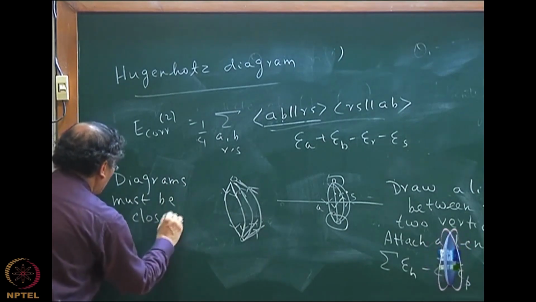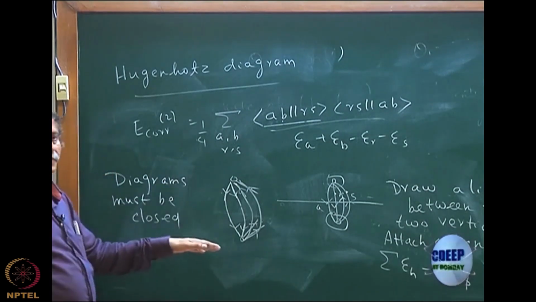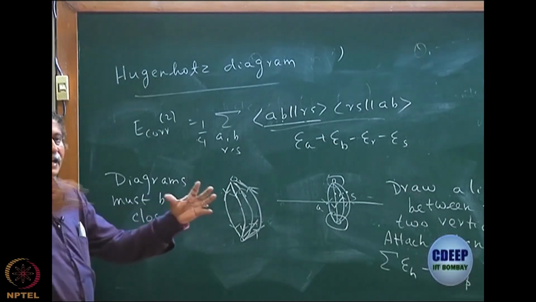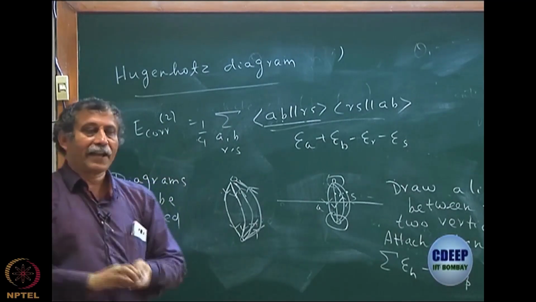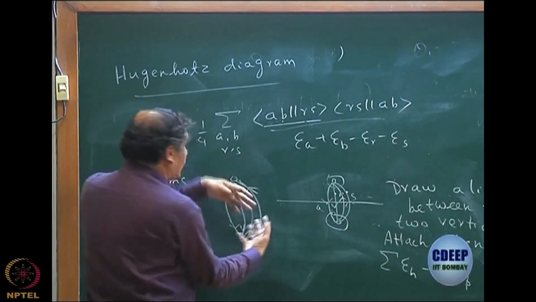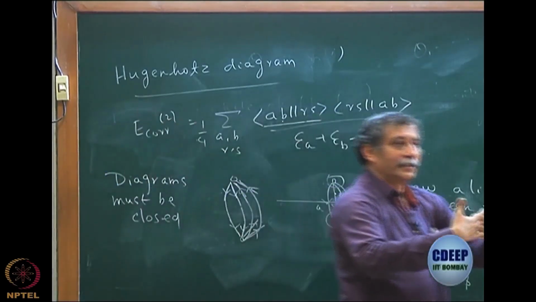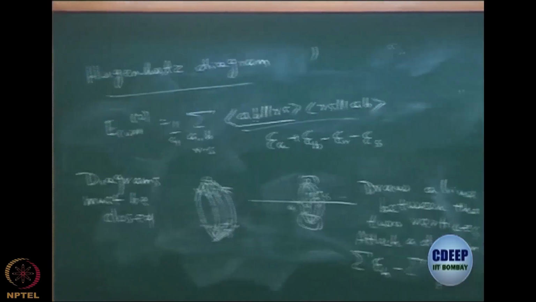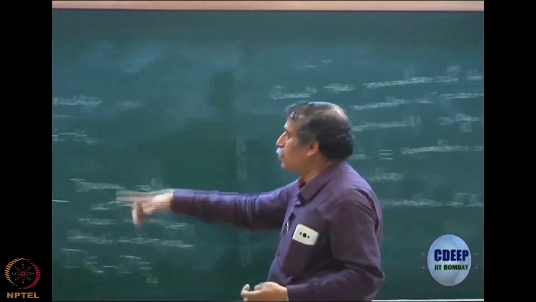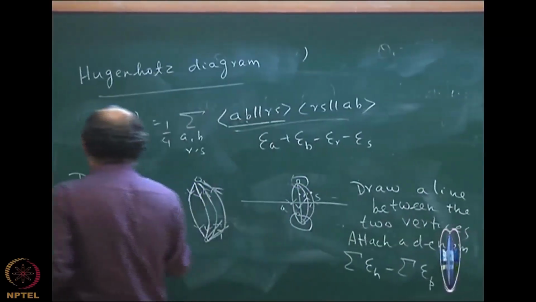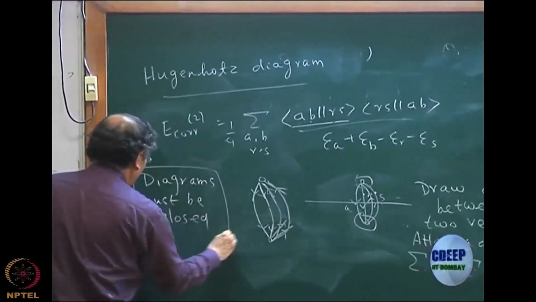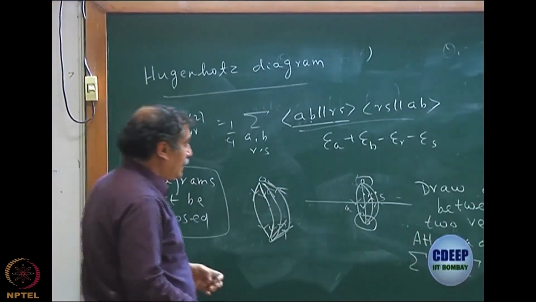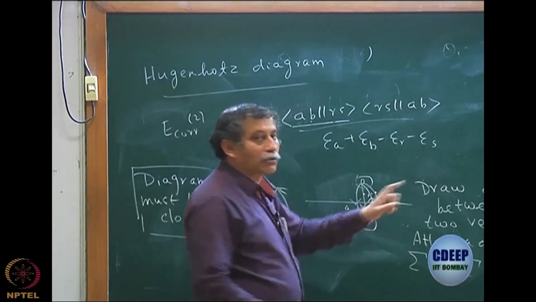Closed means all lines are contracted. As you can see here, nothing is dangling, all are contracted to each other. That means basically there are 4 lines here, 4 lines here, and they have a handshake. So they are completely handshaken. So all the MP2 diagrams or MP3 diagrams must be closed diagrams. That is very important. With the closed diagram, now you have to count the number of loops.